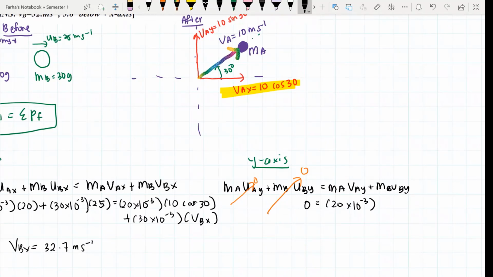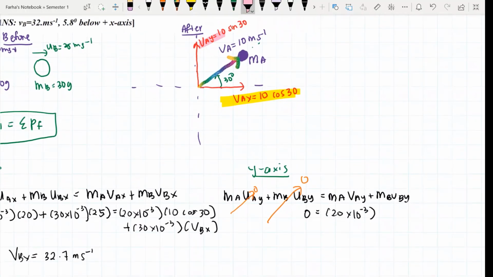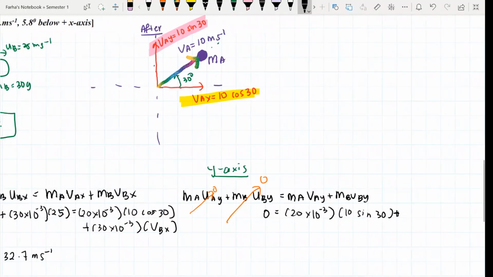So VAY kita yang saya highlightkan warna pink kat atas ni, kita akan dapat 10 sin 30 positif sebab upward. So plus dengan MB. MB kita sekarang adalah 30 power of negative 3, dan darab VBY. So saya akan dapat VBY equals to negative 3.3 meter per second.